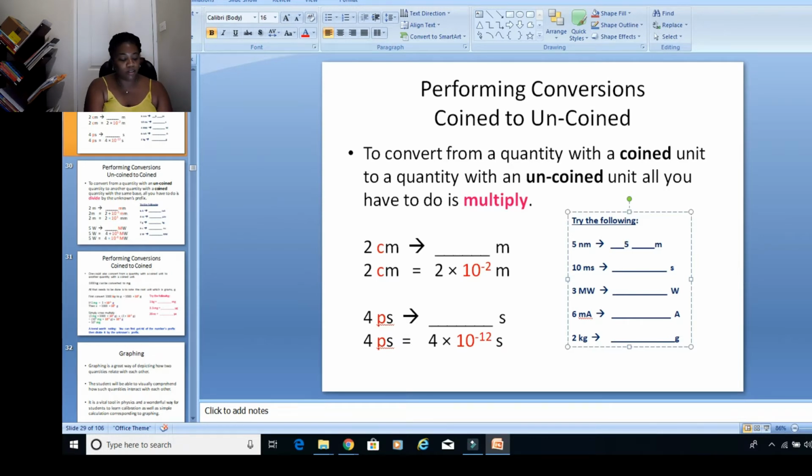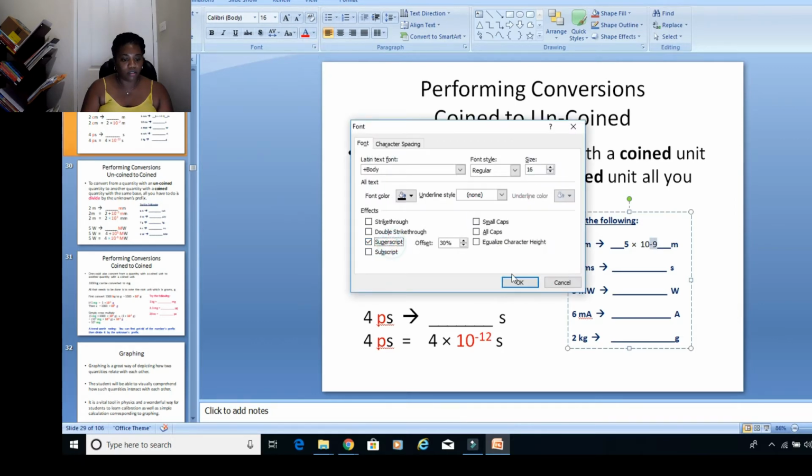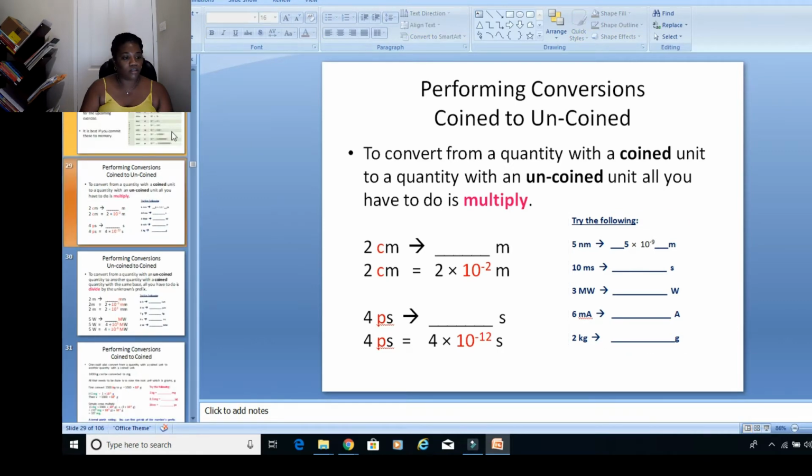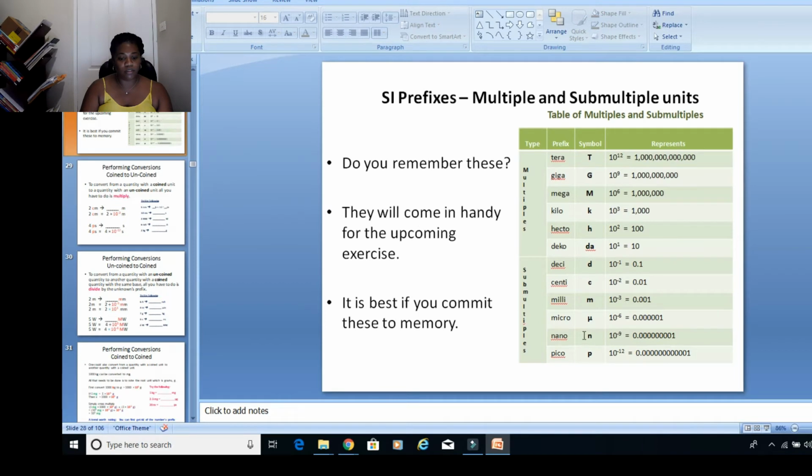You're going to say 5, control paste, times 10 to the negative 9. So that should be nano, because you got rid of nano. I hope you got that. And if you look back, nano is 10 to the negative 9.